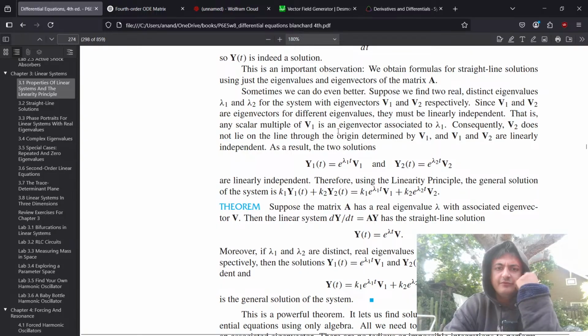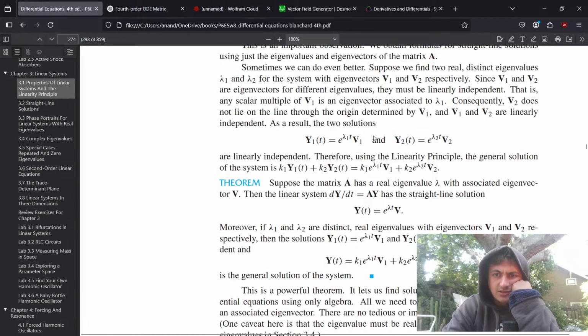Any scalar multiple of v1 is an eigenvector, so consequently it does not lie on the line through the origin determined by v1, and v1 and v2 are linearly independent. Thus, the two solutions are linearly independent. Therefore, by using the linearity principle, the general solution of the system is right.